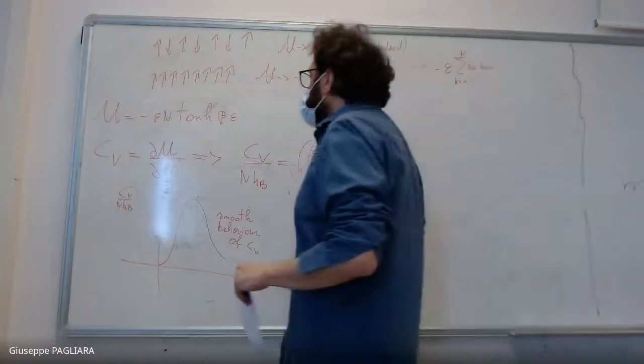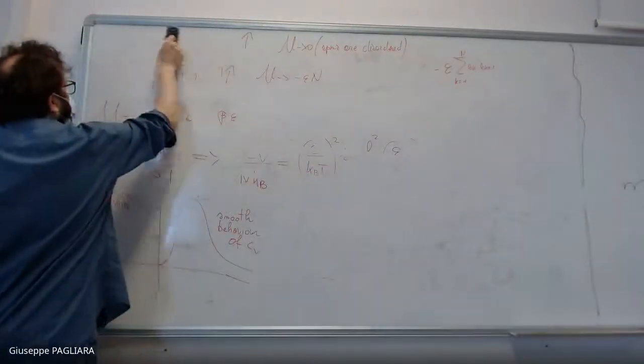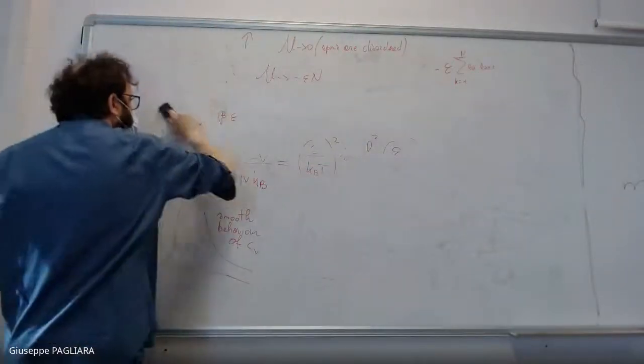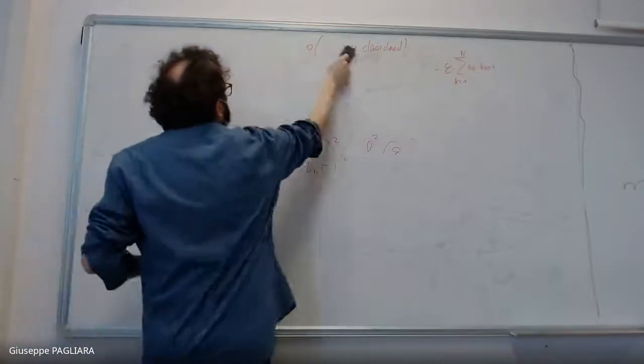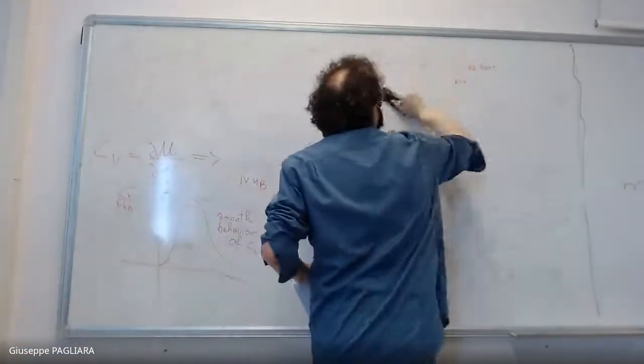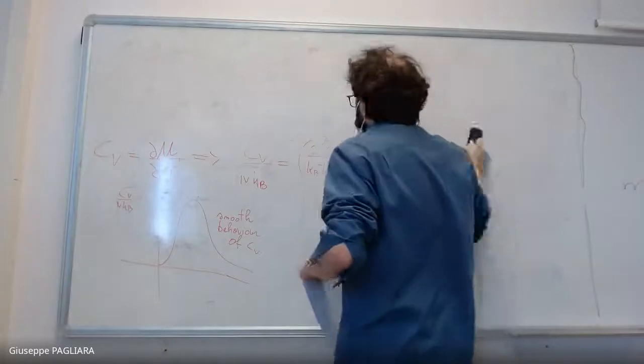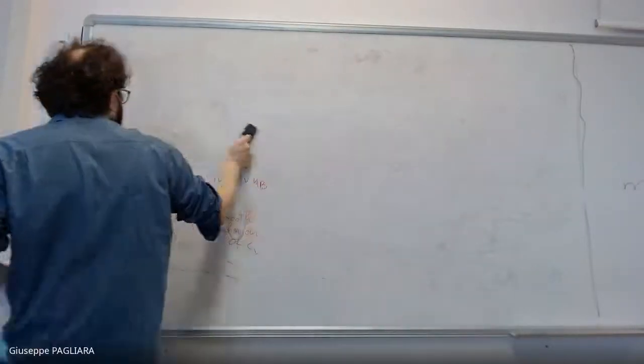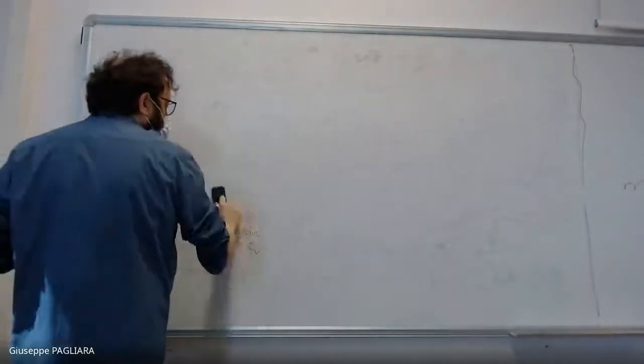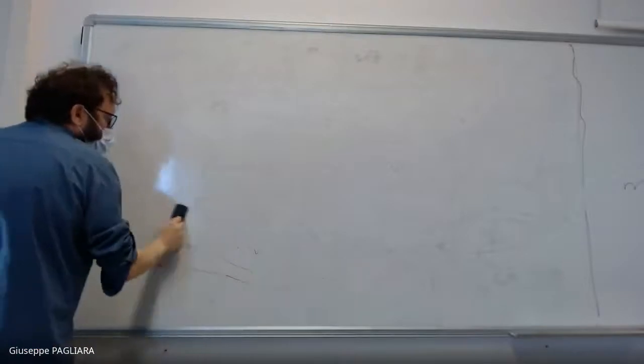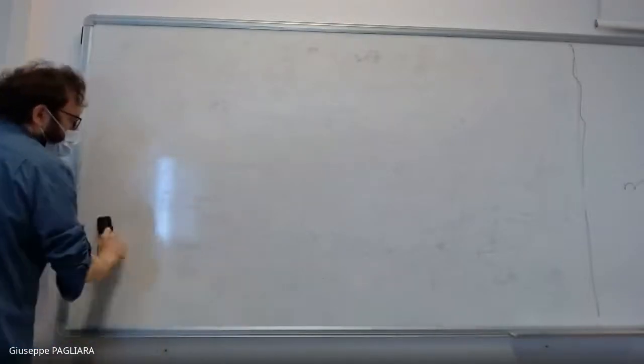Now let's present an interesting argument for explaining why in 1 dimension we do not have a phase transition. This comes directly from the analytical calculations that we have done, but there is a qualitative argument that is nice to present.